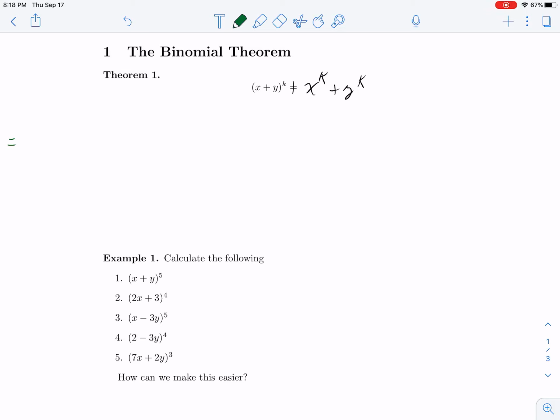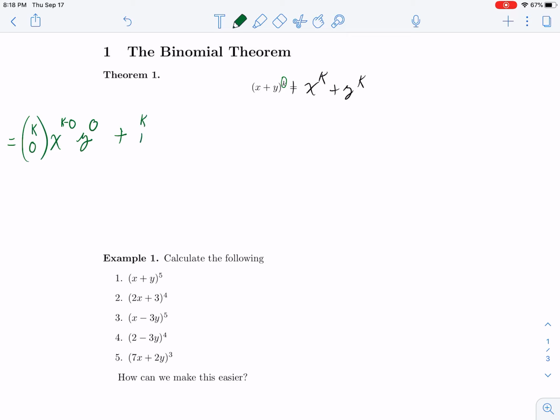now, what's important is we have this kth power, so it's going to be k choose 0, and we're going to have x to the k minus 0, y to the 0.